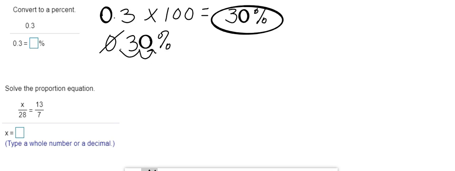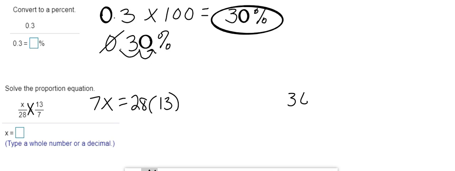On the next one, we're solving the proportion equation. We're going to do this by cross multiplying. X times 7 is 7x, and 28 times 13, if I'm using my calculator, gives me 364, which is equal to 7x.